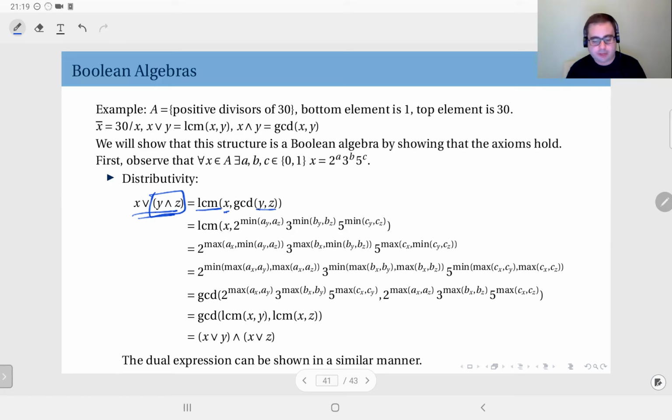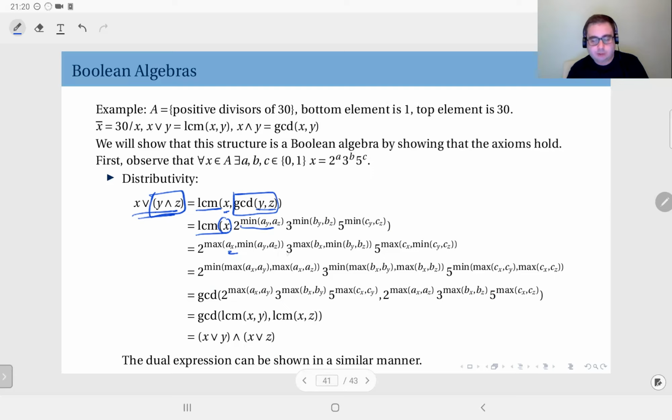Now I can write this as the LCM of x, and now I'm writing this per our formalization, 2 to the power the minimum of a sub y, a sub z, times 3 to the power the minimum of b sub y, b sub z, 5 to the power the minimum of c sub y, c sub z, etc. And also I write the LCM as 2 to the power the maximum of the power of 2 in x, which is a sub x, and this number, which is the minimum of a sub y, a sub z.